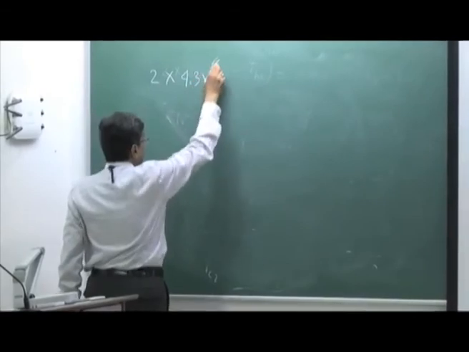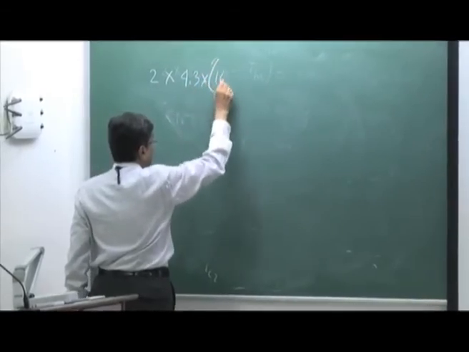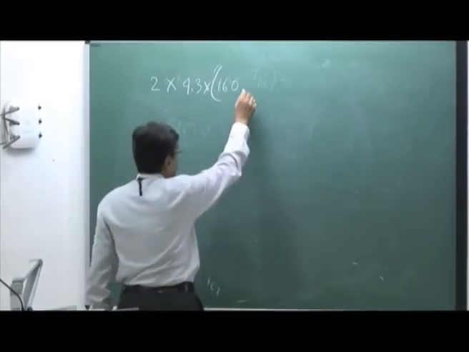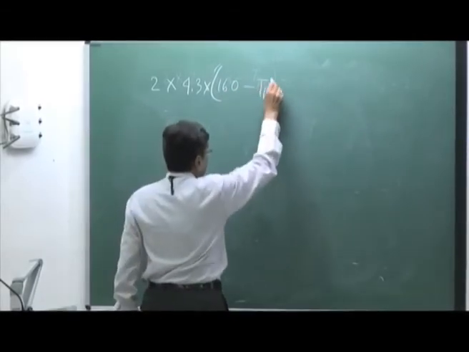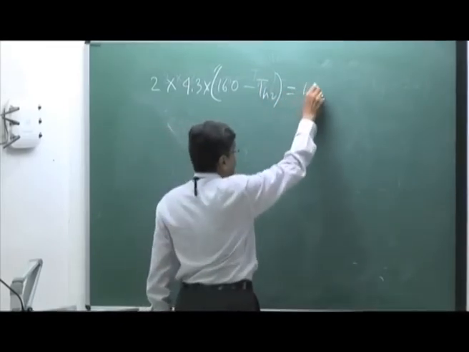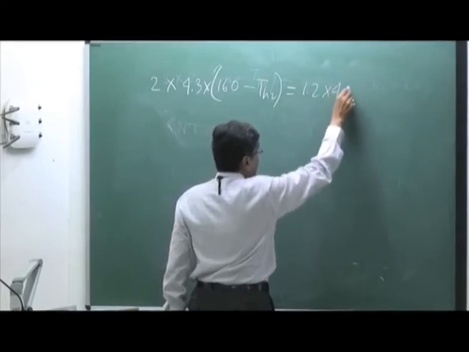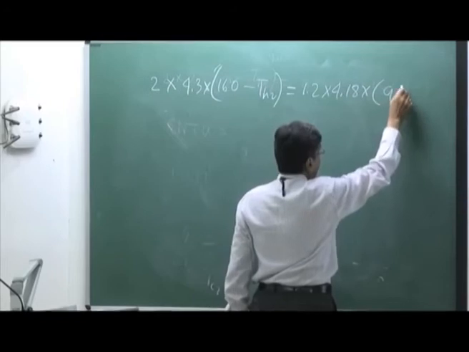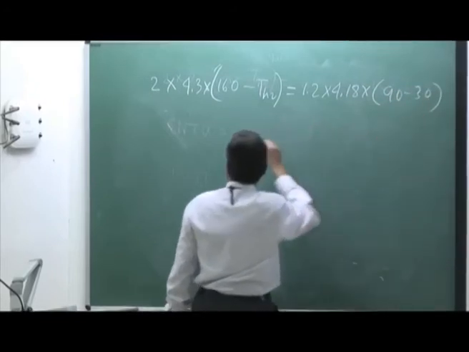Into 160 minus TH2 is equal to what? 1.2 into 4.18 into 90 minus 30. What is the value of TH2?